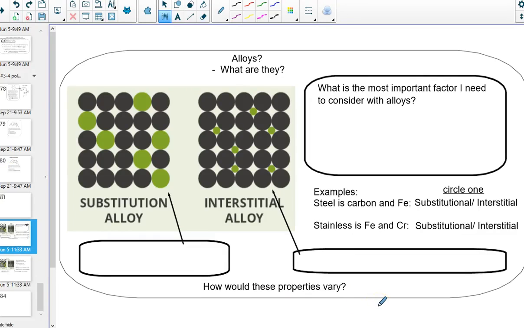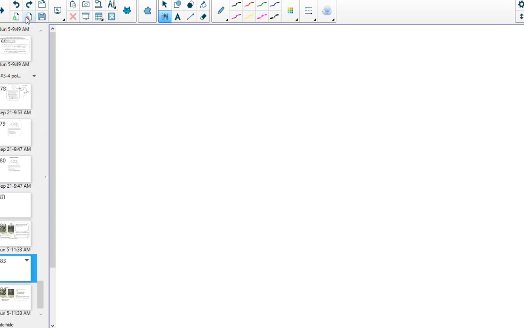Now, an alloy is kind of a newer topic that AP has decided to integrate since the newer version of the curriculum, which is now a handful of years old. But what do we really want to know about alloys? And are you going to see a lot of problems on alloys? The answer is sometimes yes, sometimes no. You are likely to see one or two multiple choice questions.